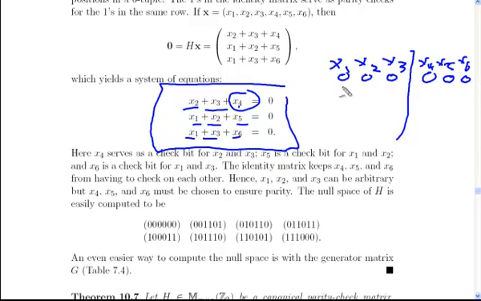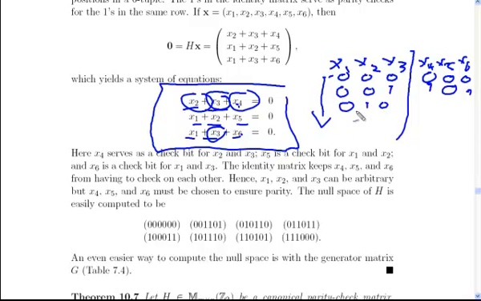How about suppose I have x1 equals 0, x2 equals 0, x3 equals 1. Well, x2 is 0, x3 is 1. That means x4 must be 1. x1 is 0, x2 is 0, so x5 must be 0. x1 is 0, x3 is 1, so x6 must be 1. So you can go through this table. You're going to have 8 rows in this table.